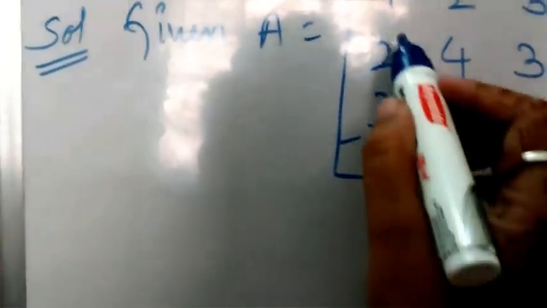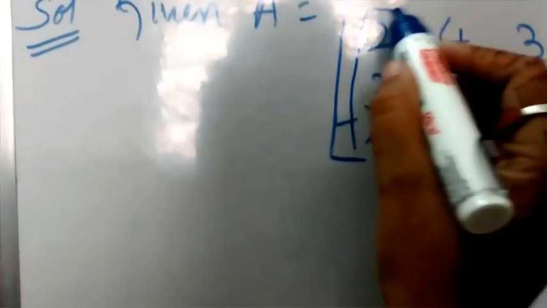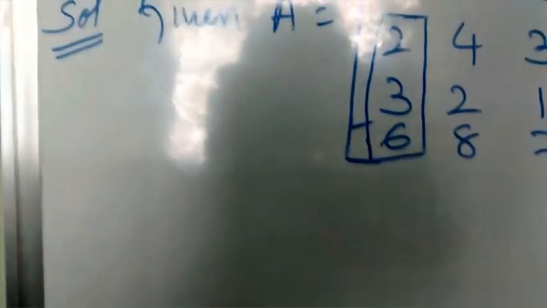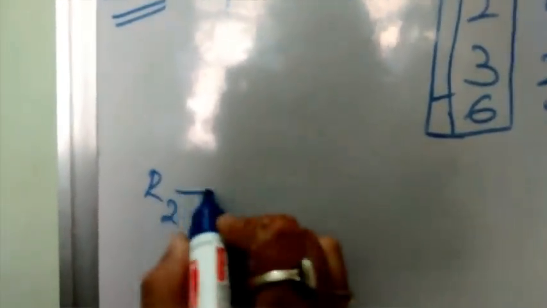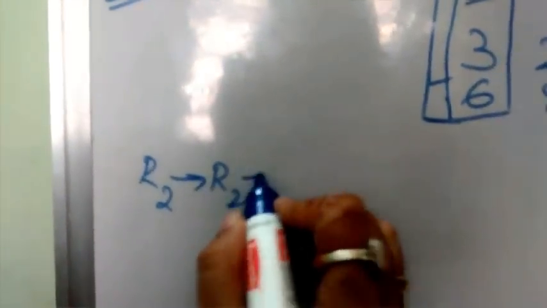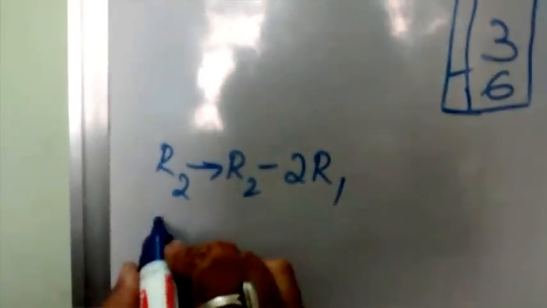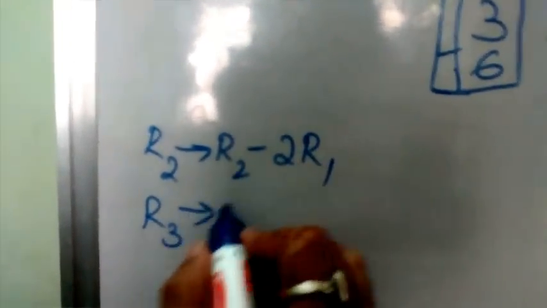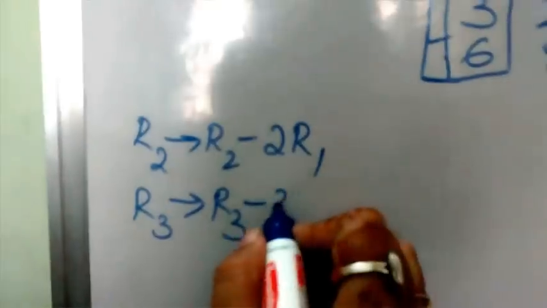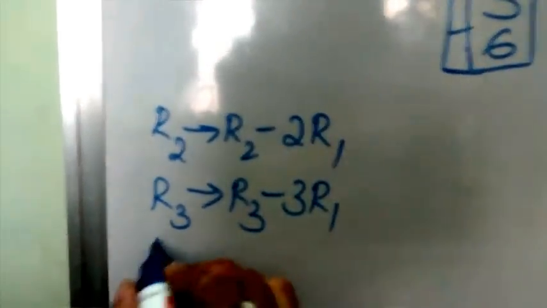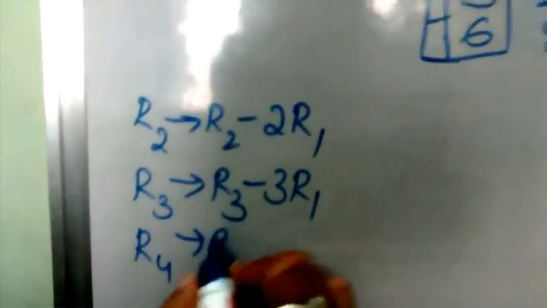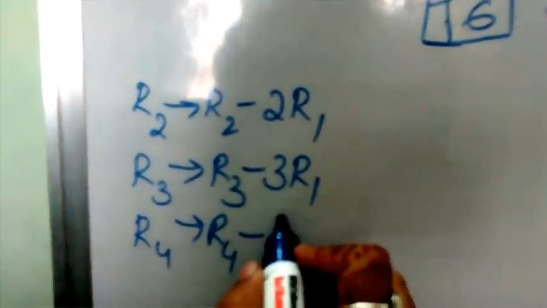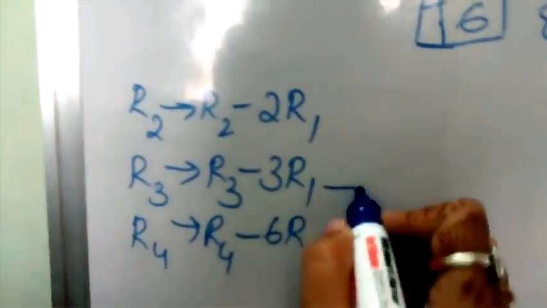Then we have to make these elements zeros by using row operations. The operations are R2 tends to R2 minus 2 R1, R3 tends to R3 minus 3 R1, then R4 tends to R4 minus 6 R1.